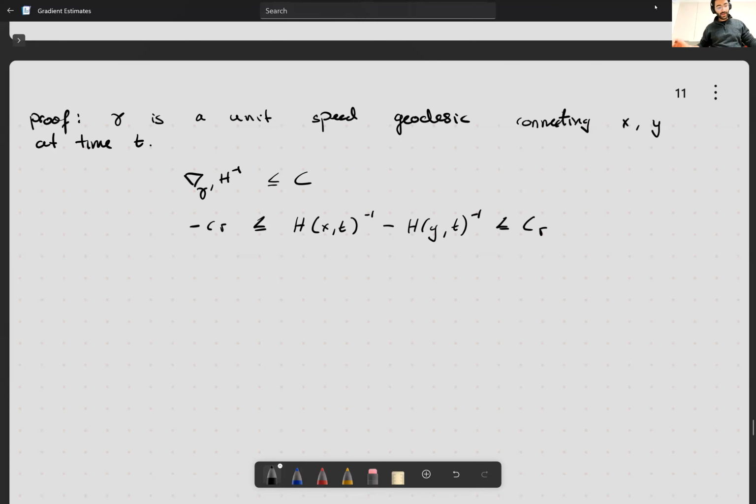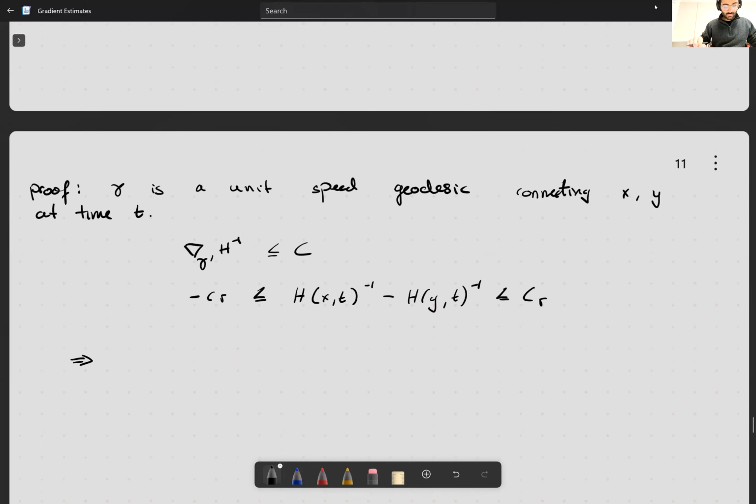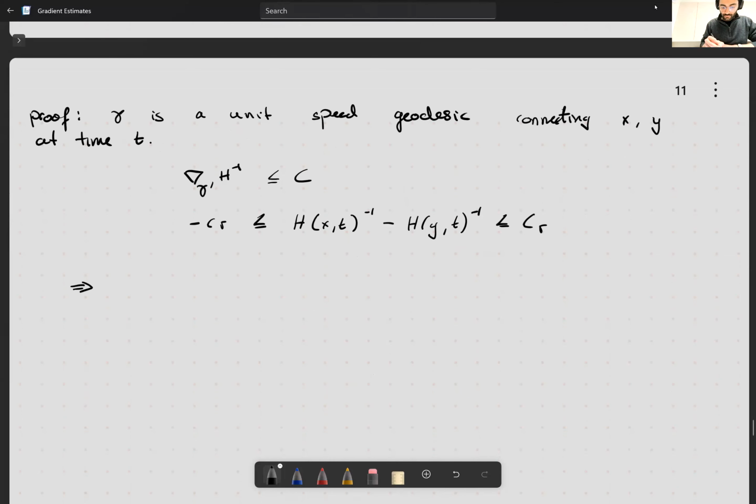Here the point y is that far away. Rearranging this so that I have it in the form I want, looking at the left-hand side, I get H(x,t) divided by 1 plus C H(x,t) r is less than or equal to H(y,t).